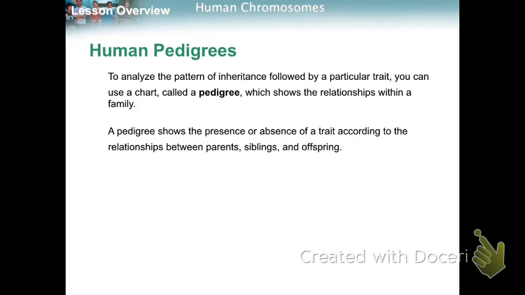Last thing in section 14.1 that's talked about is a pedigree. Family history, relationships between members of a family. A pedigree shows presence or absence of a trait, and follows it through parents, siblings, offspring.